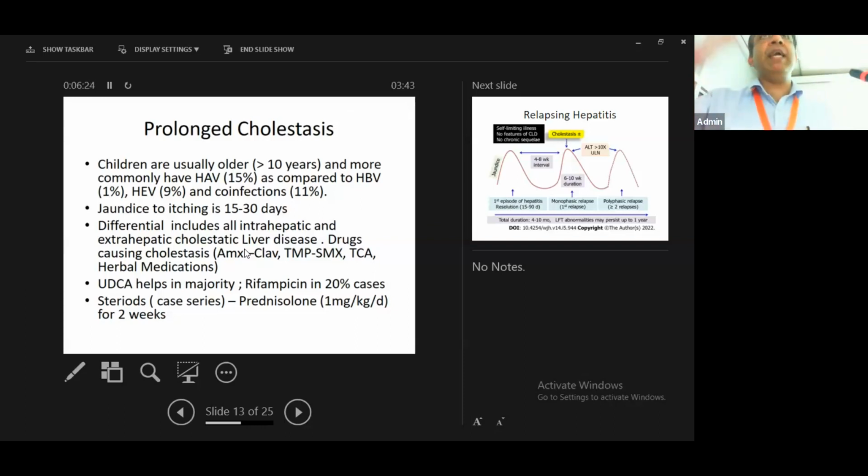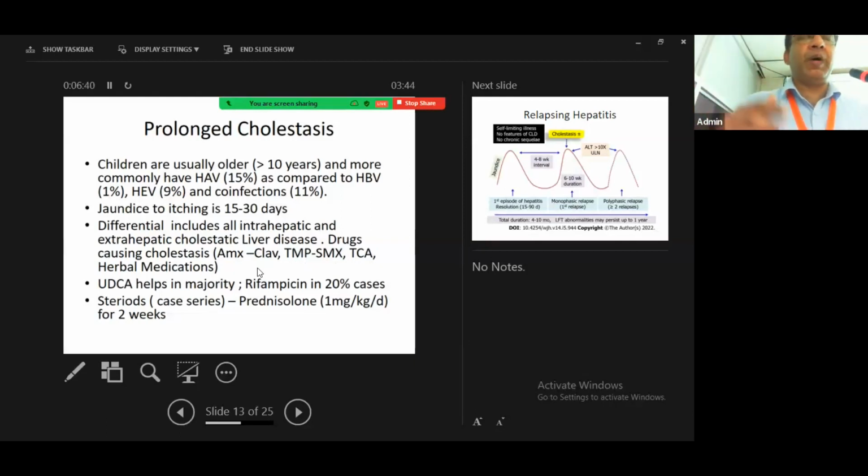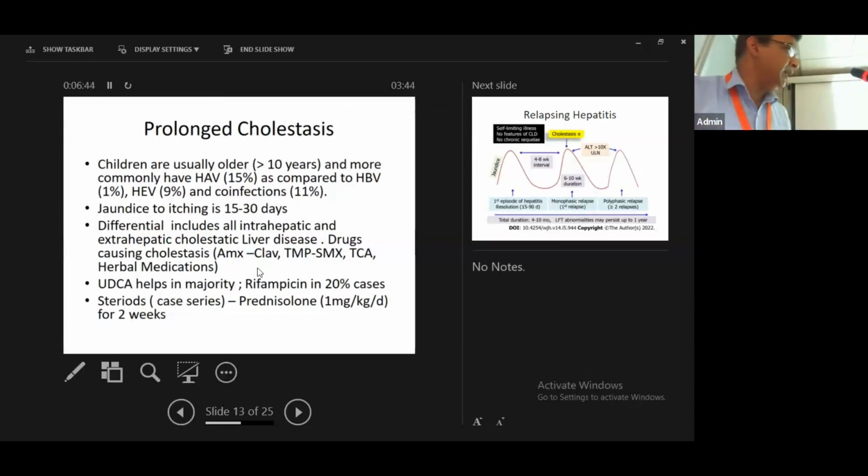Patients are being prescribed drugs even for viral hepatitis, which are undue and not required. Specifically, I would like to mention herbal medications. Many of the herbal medications given for liver disease tend to induce cholestasis, and that is one of the important features. UDCA helps in the majority.